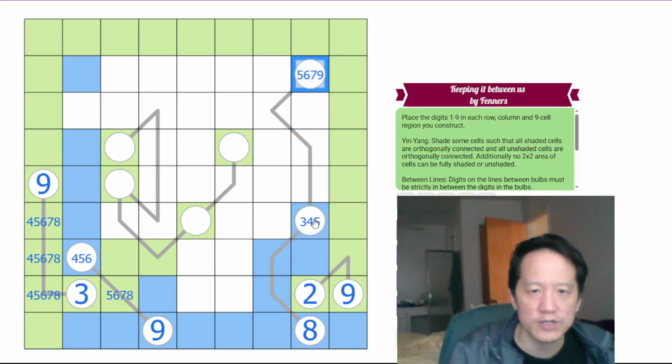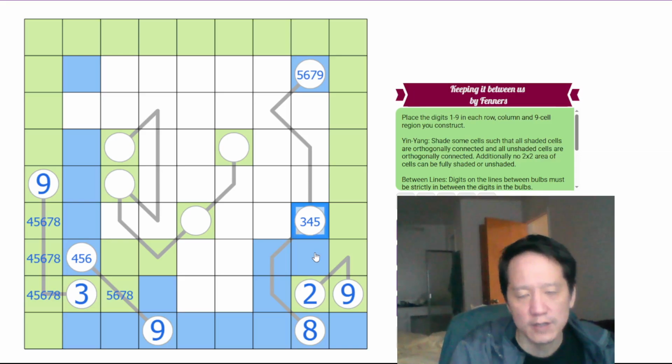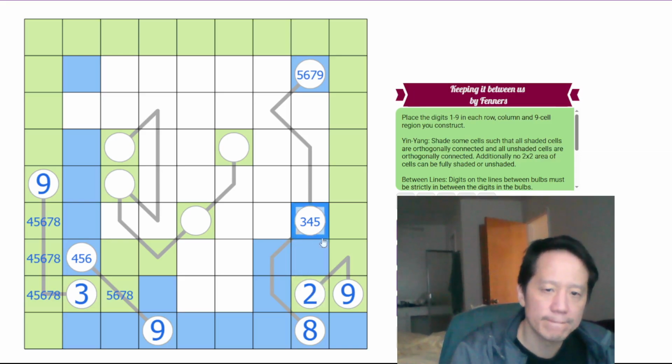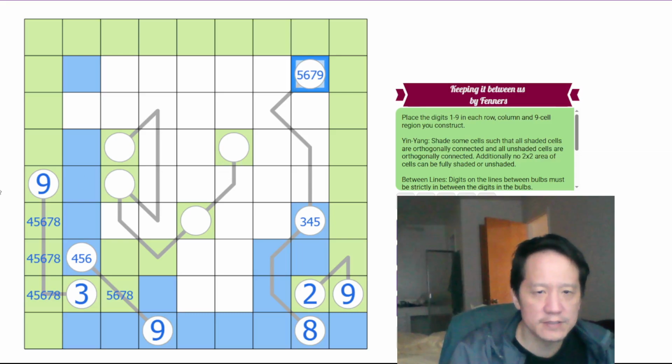If this is 3, this would be 5, and you would have a 4 in between, but you would have to have another digit which is not 4 in between, and these two could not be the same. So this one always has to be higher. This one always has to be lower. This sees 5, 6, 7, or 9. That's interesting.